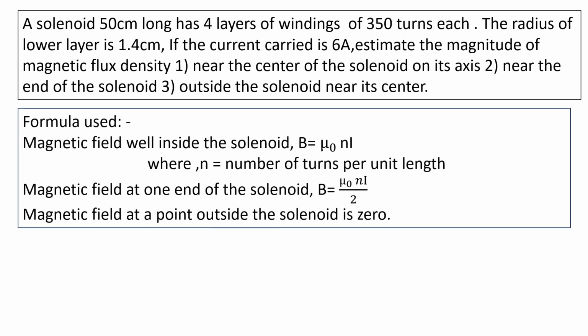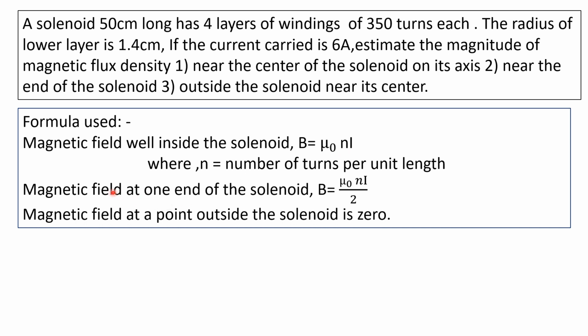The formulas we are going to use are: the field well inside the solenoid is B = μ0 n I, where small n is the number of turns per unit length and I is the current through the solenoid.